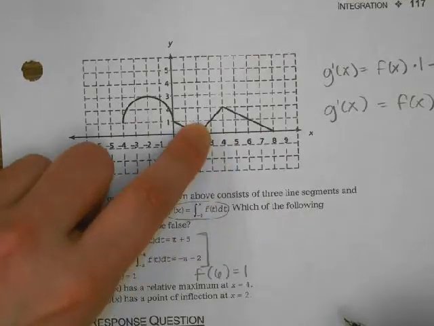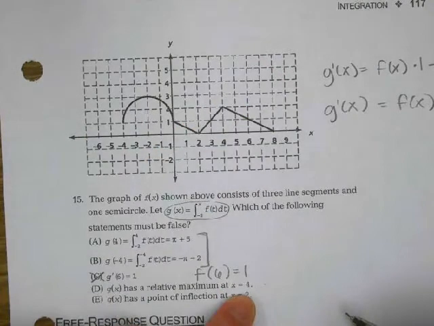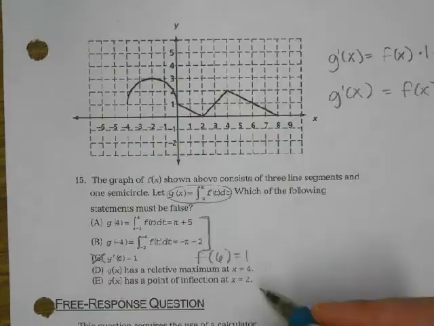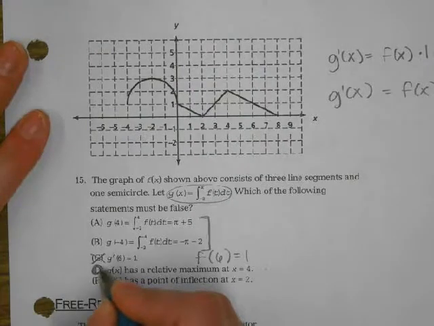And if you look at 4, it's above the x-axis the whole time, which tells us that the original function would have just been increasing that whole time. It would have been increasing through 4. It would not have switched from increasing to decreasing. So D is definitely the false statement.